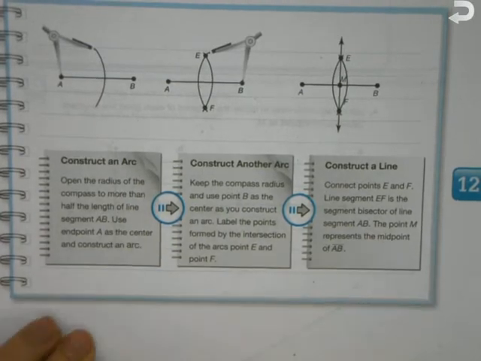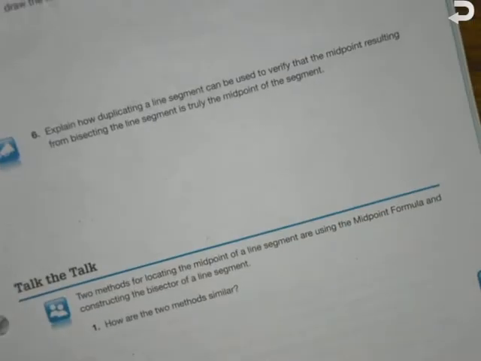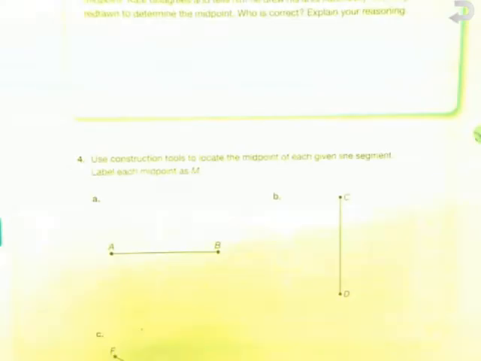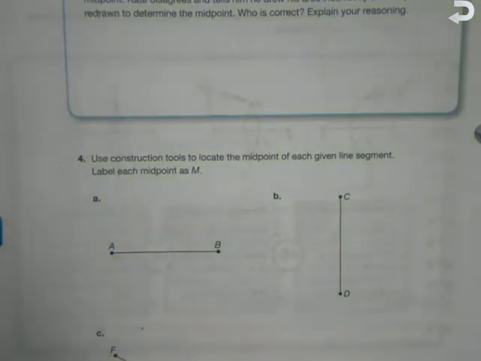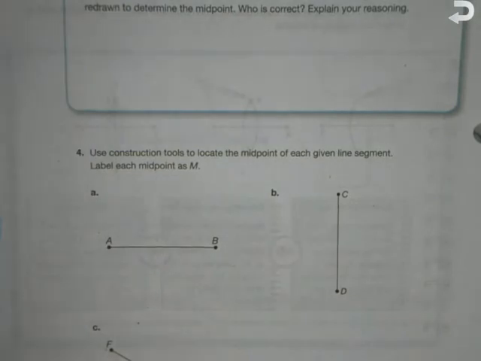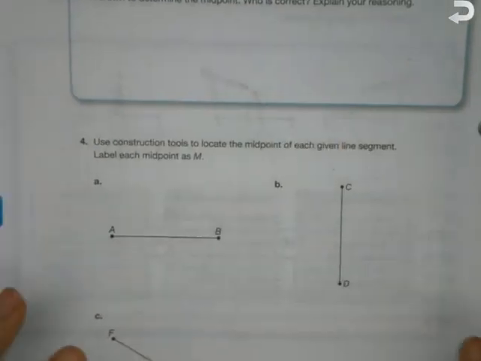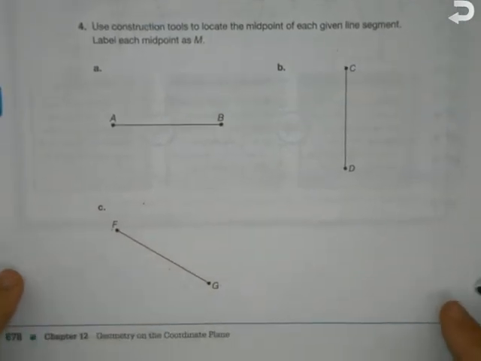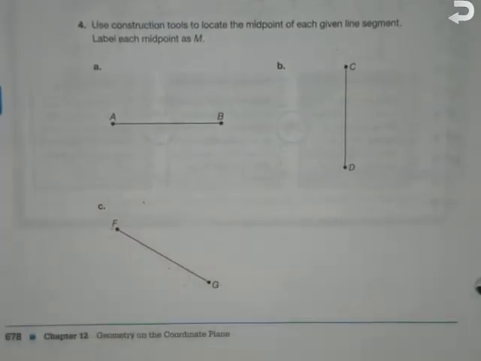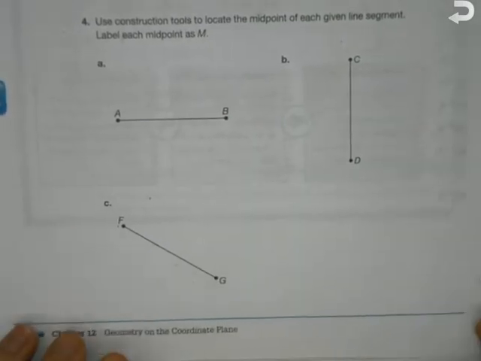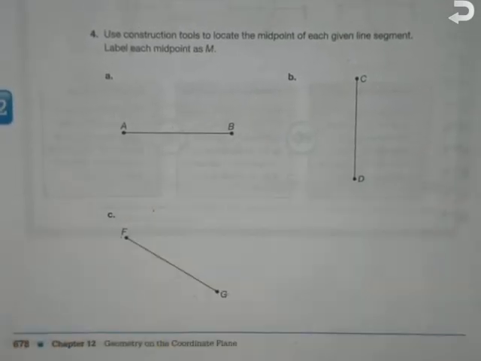So let's try it. Okay, so turn the page for me now. So those are your instructions. Okay, so we're going to skip number 3 and let's do number 4 together, and then I'm going to have you guys do B and C. So let's construct the midpoint bisector of segment AB in part A. So everybody should have a compass now, right?